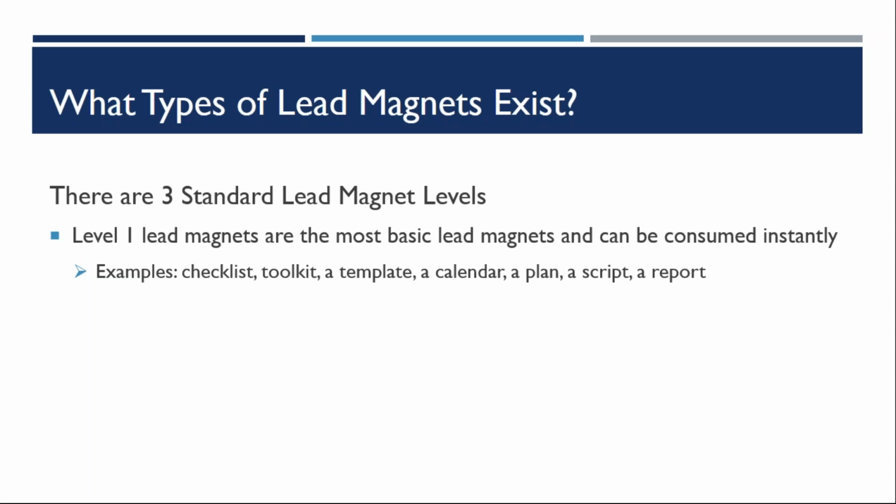of minutes. Examples of level 1 lead magnets are checklists, toolkits, a template, a calendar, a plan, a script, a report. Anything that is 1 or 2 pages long, very simple but very informative, that they can take and then implement right away. Or they can do a checklist and go through and make sure that they're matching up and haven't forgotten anything.